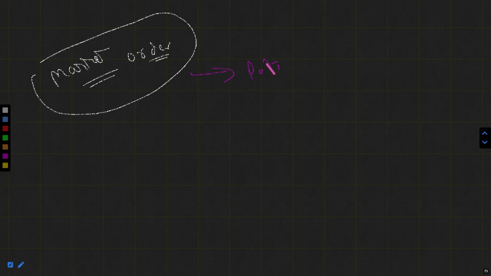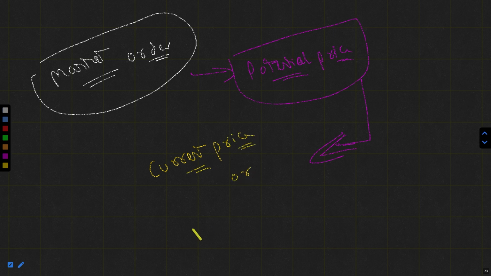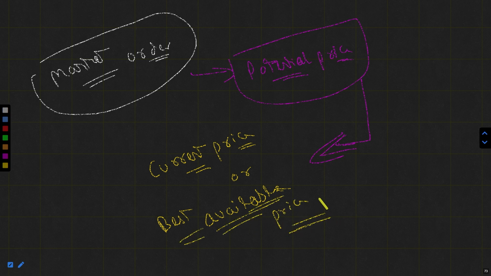Basically, beside the potential price, the prime focus is on the current price or best available price. Okay, this should be our prime focus.